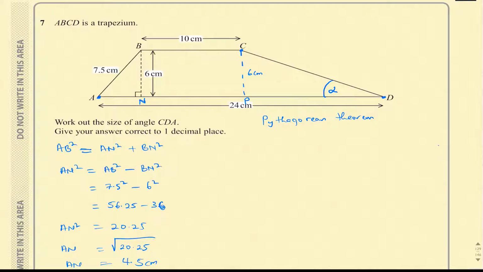So if this is 4.5, then NP is 10 and PD will be 9.5. Now we can find the angle alpha using tangent from SOHCAHTOA.